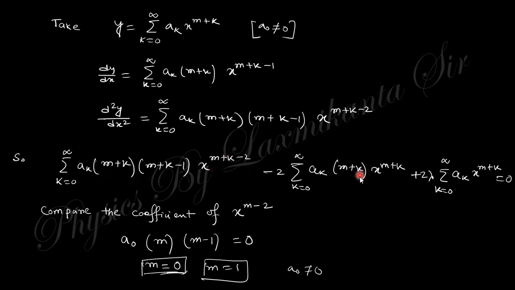But here we do not get x to the power m minus 2 in the other terms, because that would need k equal to minus 2, which is not possible since k starts from 0. So x to the power m minus 2 arises from this term, where putting k equal to 0 gives a0, m, and m minus 1. So m equals 0 or m equals 1, because a0 is not equal to 0.